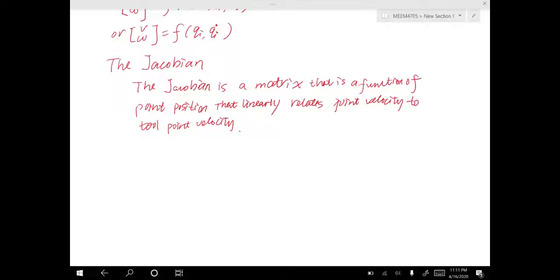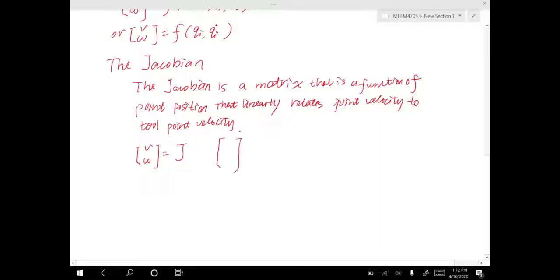So this Jacobian matrix is for calculation. It's for relating the end effector's velocity with the joint velocity. Okay, so if we write the mathematical equation, that is the linear velocity and angular velocity of the end effector, that is the Jacobian matrix.